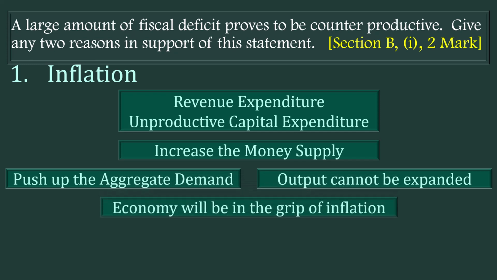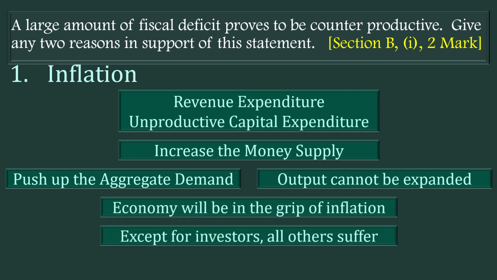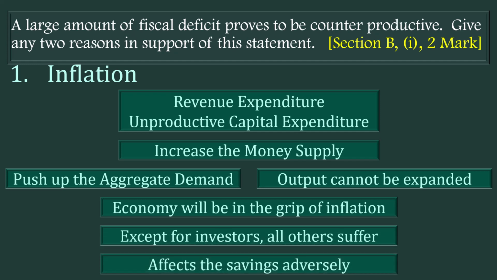Ultimately, the economy will be in the grip of inflation. During inflation, except for investors, all others suffer. Inflation further affects the savings adversely. Savings is essential for capital formation.